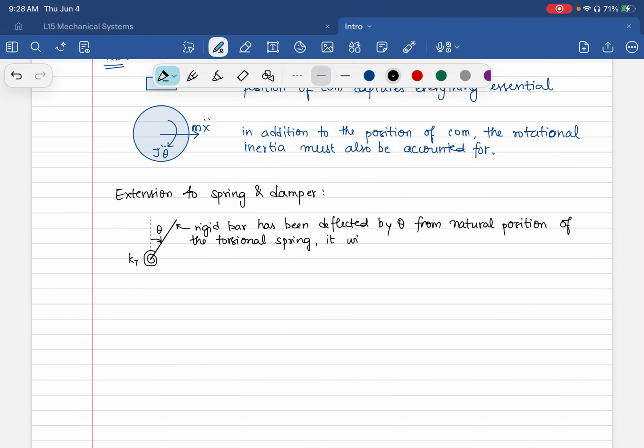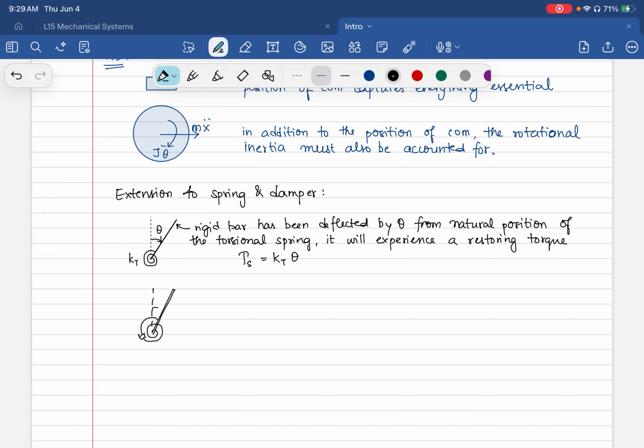The rigid bar will experience a restoring torque, which is given by tau s is equal to kt times theta. And if instead of a torsional spring, it was a torsional damper, let's say, that would be shown with this cylindrical mass attached here.